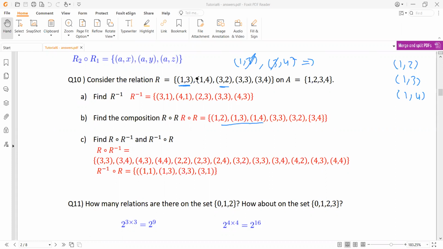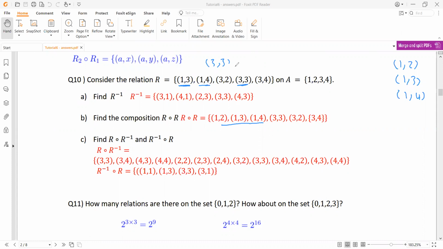So I've finished the first item. Take the second item and try to do the same operation. 1, 4. Is there anything that starts with 4 here in order to combine with? No. Okay, skip it. 3, 2. Is there anything that starts with 2? No, there is not. 3, 3. Is there anything that starts with 3? Yes.